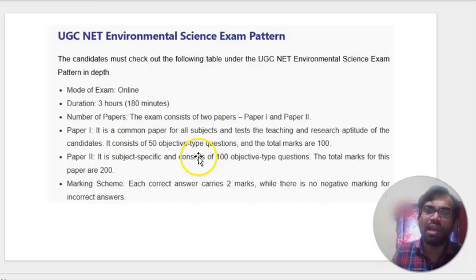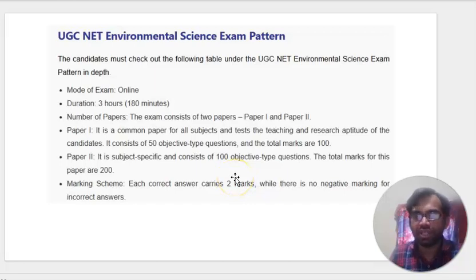It contains 50 objective type questions and the marks are 100. Paper 2 is the specific subject paper and consists of 100 objective type questions with total marks of 200. In the marking scheme, each correct answer carries 2 marks. There are no negative marks for an incorrect answer.